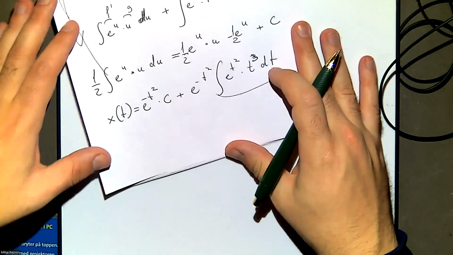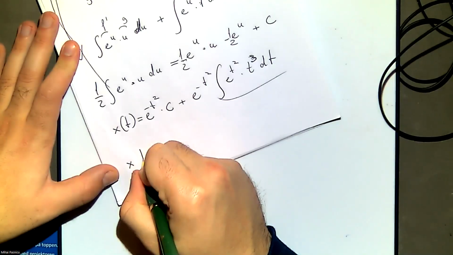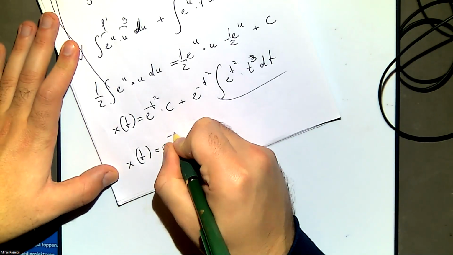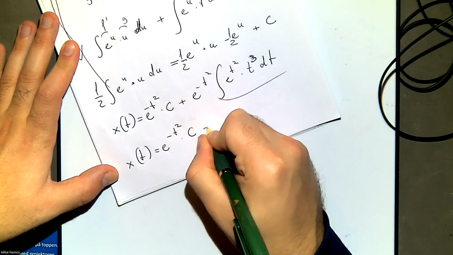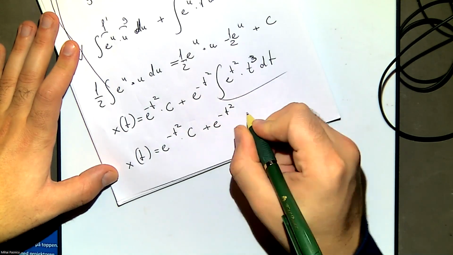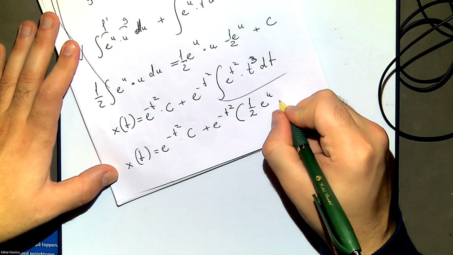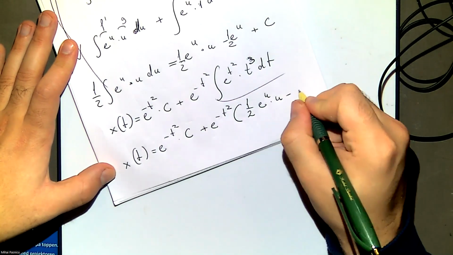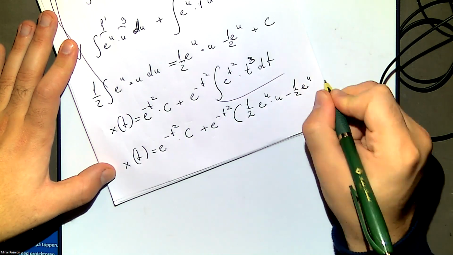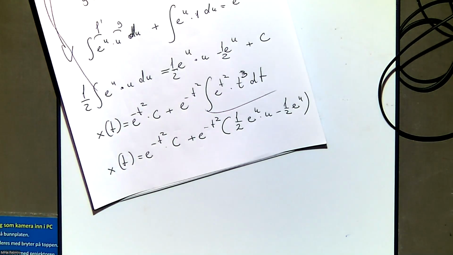We finally managed to solve this one, so congratulations to us. Now x of t is equal to e^(-t²) times a constant plus e^(-t²) times (1/2 e^u times u minus 1/2 e^u). Now, am I done?